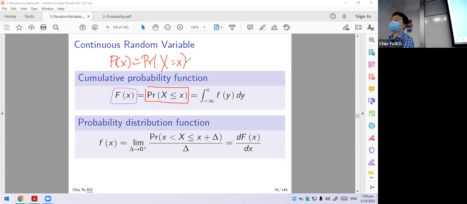And in that case, this is not feasible because there are so many possible values, right? So the probability of a particular value equaling that number is always 0. In a continuous random variable, in general, that will be 0. Why? Look at the Hang Seng index, right?